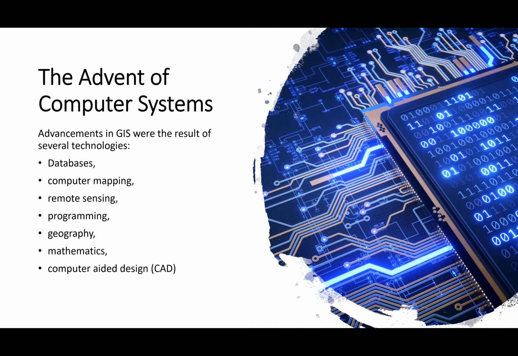Computer mapping, again, just being able to put maps in digital form. Remote sensing, the availability of satellite imagery. Programming, literally being able to code, being able to create these different software tools to use. And that is also an avenue for you to explore in your GIS training.